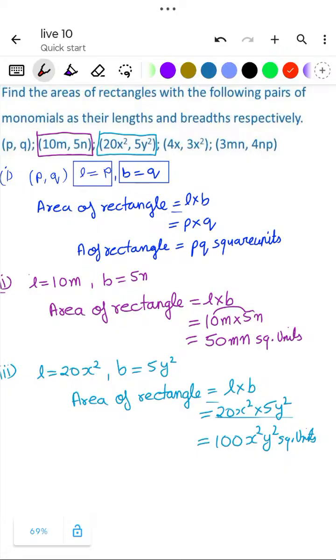Now the fourth is 4x and 3x square. 4x is L, and B is 3x square.